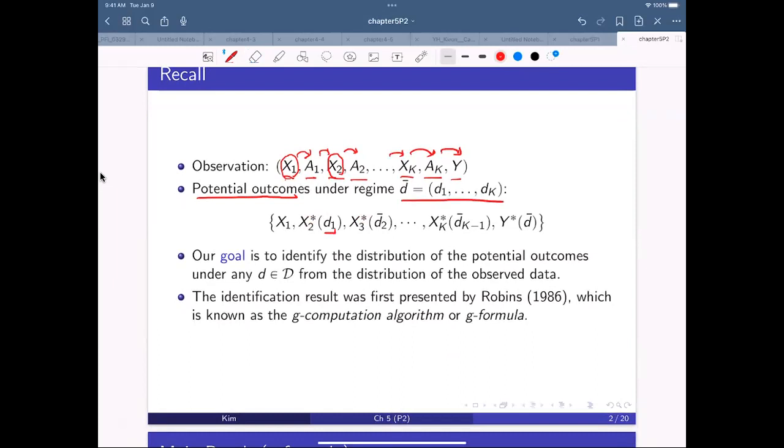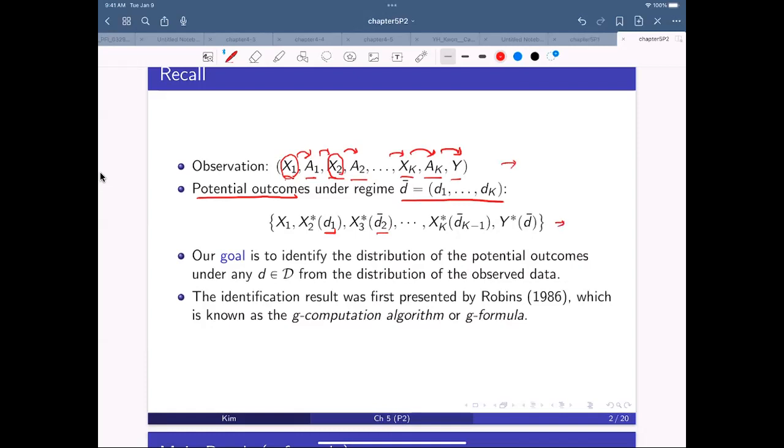Under this particular regime, this D bar will determine A based on the history. So what would be the potential outcome for this particular regime? So that is what we are interested in. So this is kind of our scientific question, right? But this is our reality. So there's a gap, right?